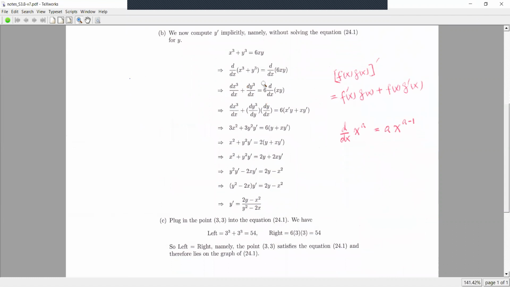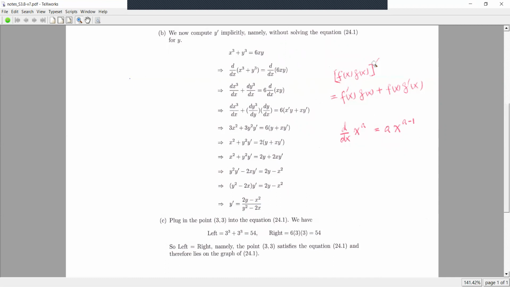To compute this derivative, we apply the product rule, because the function is a product of two functions. x depends on x. It is a function. y depends on x. It is also a function.